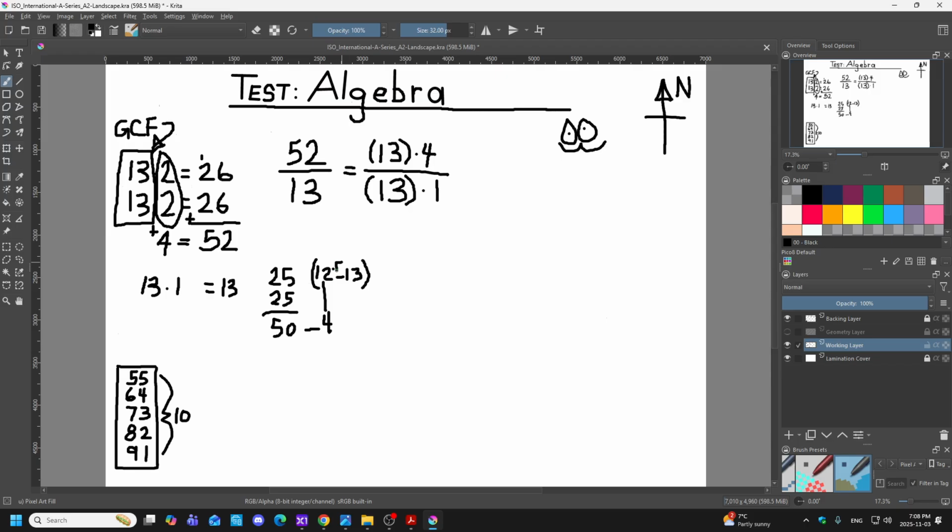It's actually a decimal value, but that's okay. So what we're left with is 4 over 1. Any number divided by 1 is the same number. Our final answer is 4.